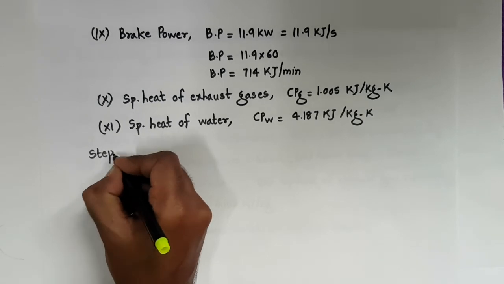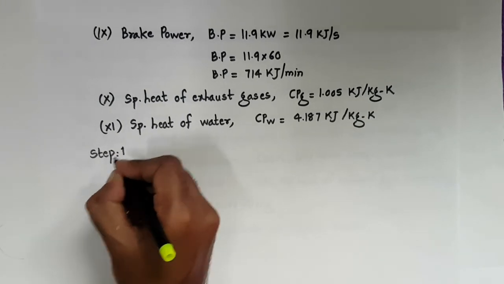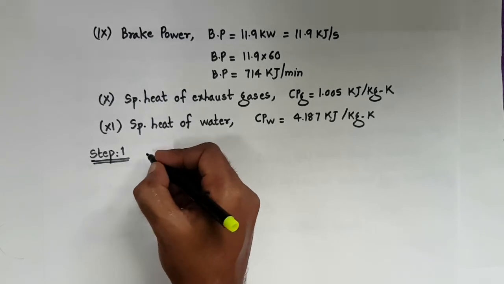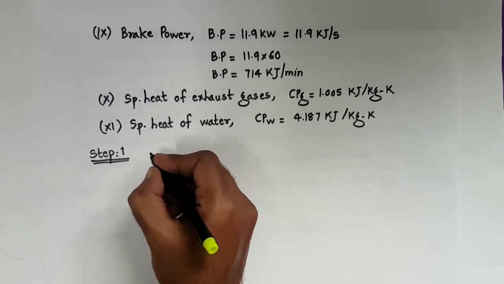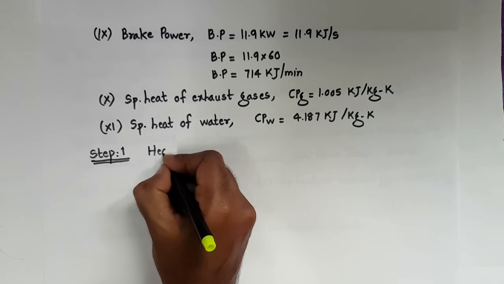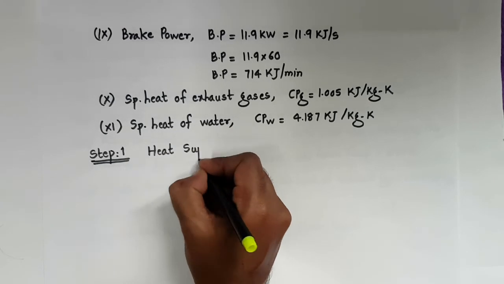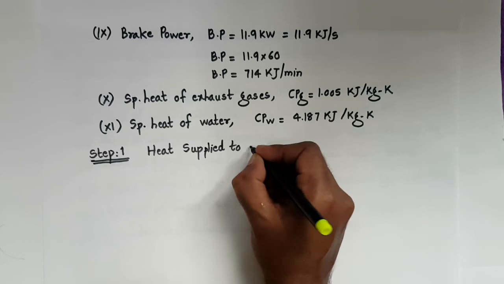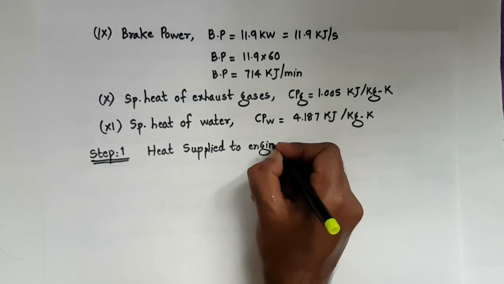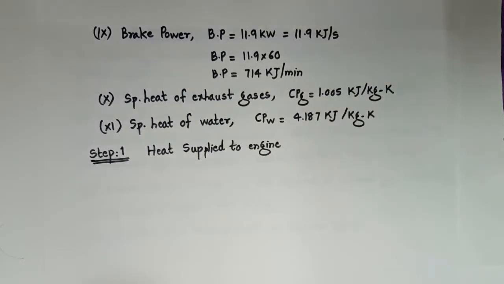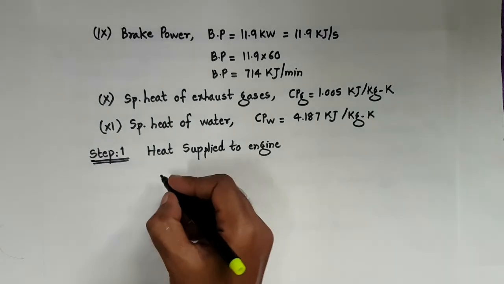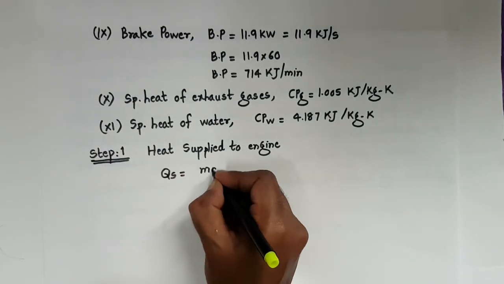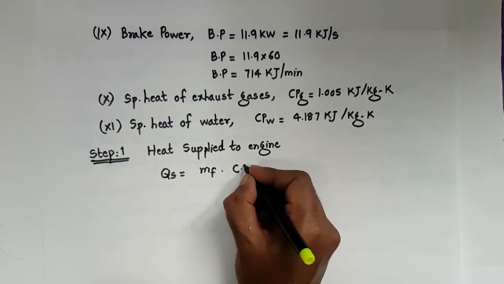In step number 1, we will determine heat supplied by fuel to the engine. So first thing, heat supplied to engine. This is heat supplied to the engine by burning of fuel. So for that we have the relation: heat supplied is equal to MF, mass of fuel, into calorific value.